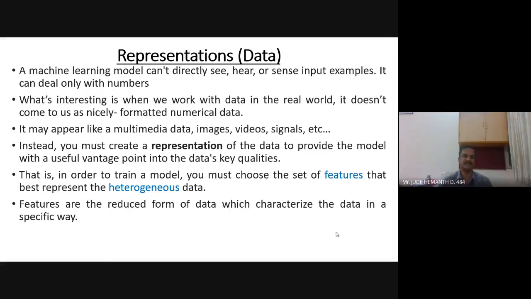So the definition: features are the reduced form of data. When you have an image and you convert it to numbers, the dimension will mostly be lesser than your original image. This is another advantage of features. When you are going to train your machine, say for example, I take an example among you.